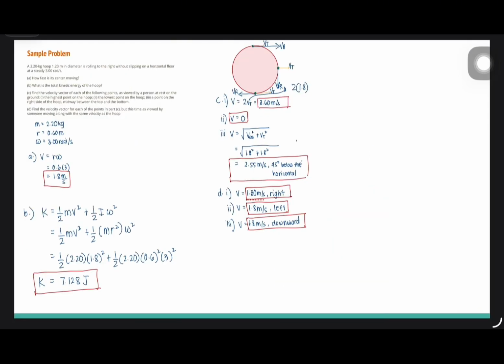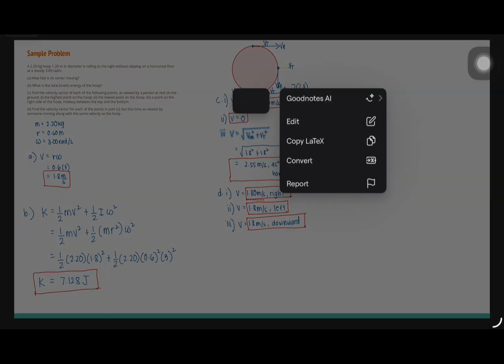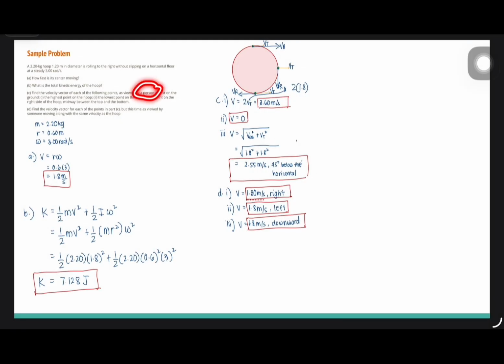Okay, for letter C, we need to determine class yung velocity at each point sa top, bottom, and at the right side of the hoop. Where yung parameter dito na given, it is viewed by a person at rest. Pag yung person po is at rest, yung nakikita niya is yung dalawang motion.